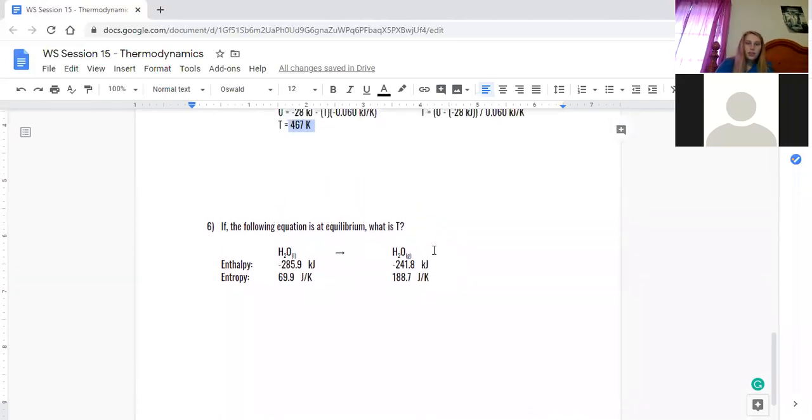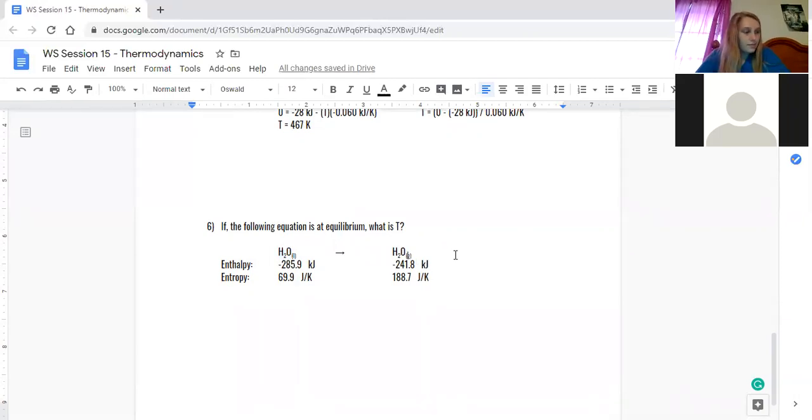If the following equation is at equilibrium, what is T? So look at this. What we know is that we have our reactants over here on this side, and we have our products over here.